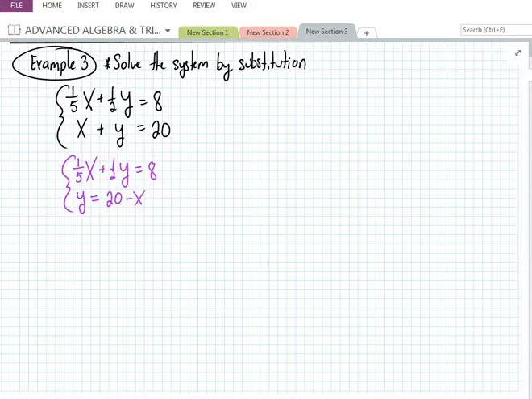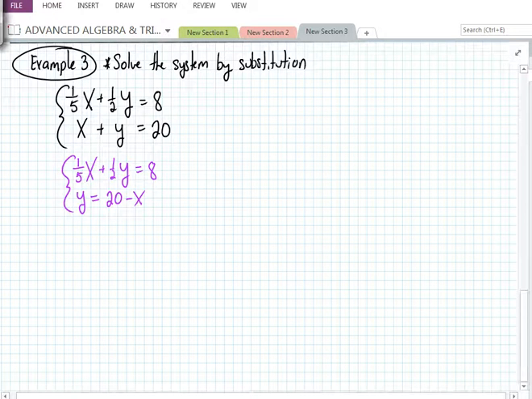If we multiply the entire equation by 10, it will still be the same exact equation. So if I multiply by 10, we end up with 2x plus 5y equals 80. Don't forget to multiply your constant. Then we're just going to copy the second equation, y equals 20 minus x.